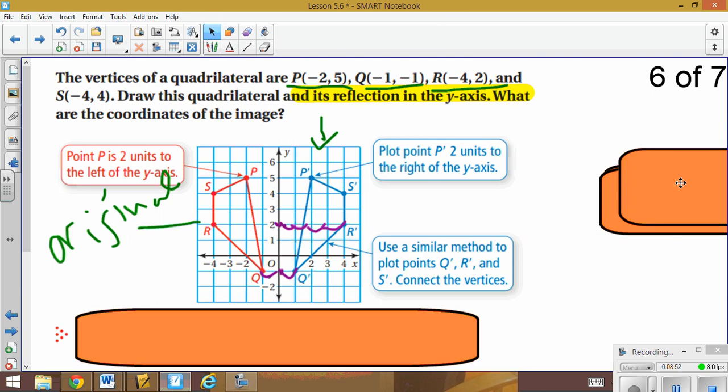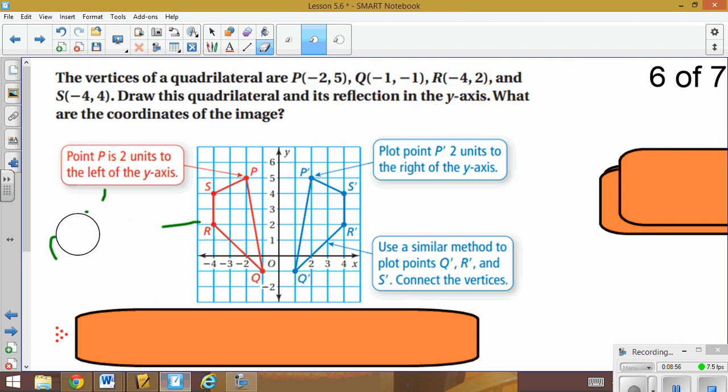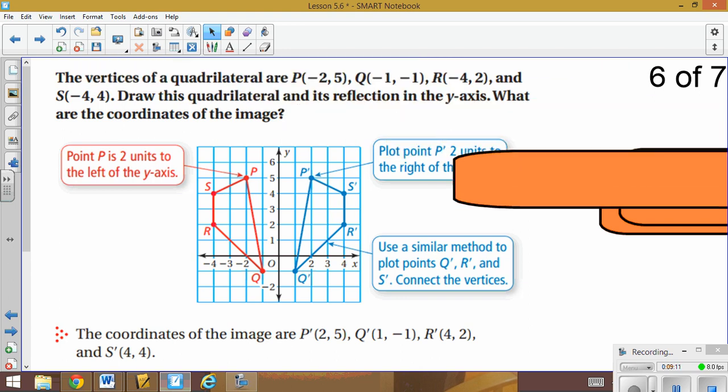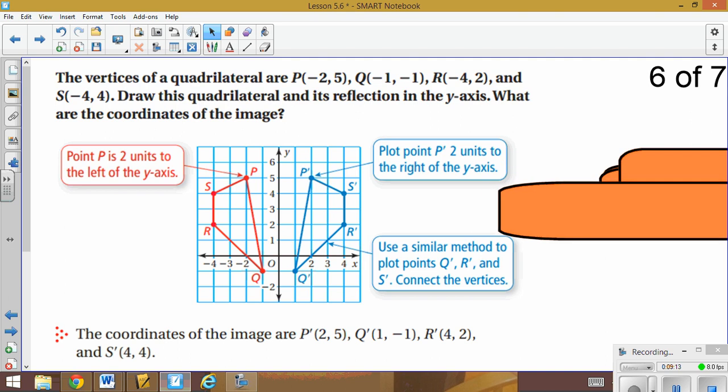Okay, so for the final ordered pairs for my primes, you need to be sure you list the 4 points in this example. So my solution would be the coordinates are P prime 2, 5, Q prime 1, -1, R prime 4, 2, and S prime 4, 4. Okay, if you need to pause, now is your chance.